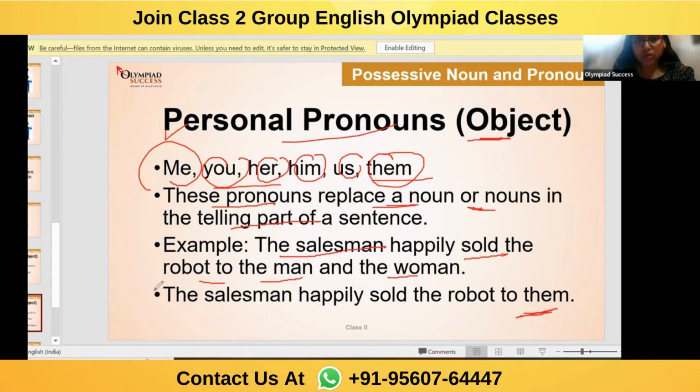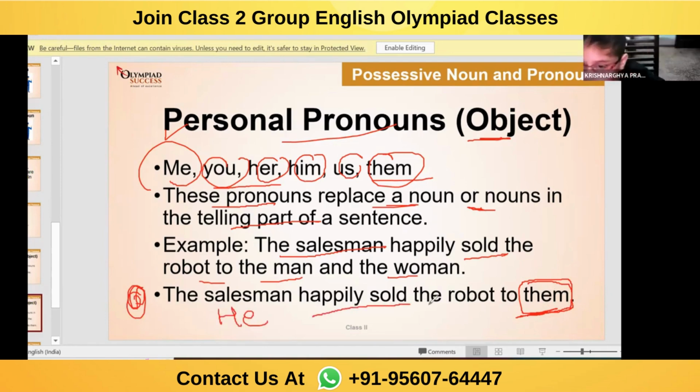So we don't use it here, we use it at the end of the sentence. The salesman happily sold the robot to them, or he happily sold the robot to them. So he is the subject and them is the object.